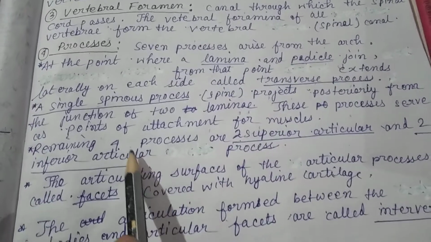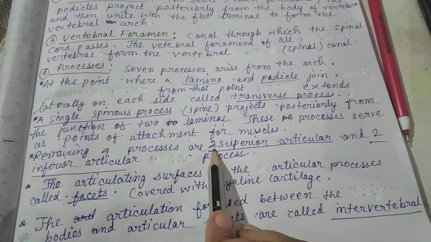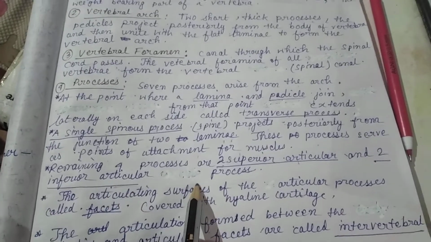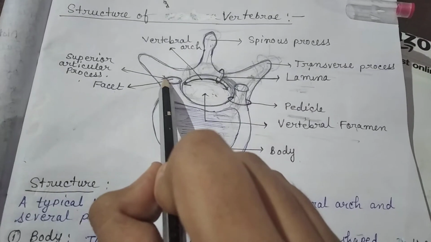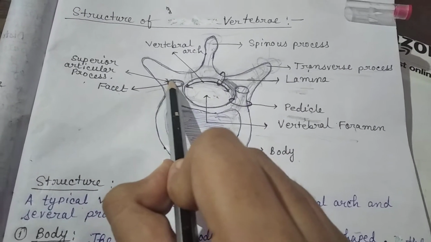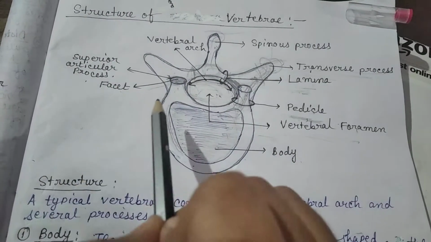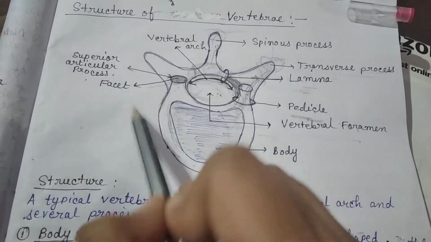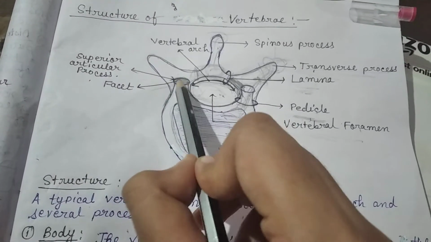After that, there are 4 more processes: 2 superior articular processes and 2 inferior articular processes. And here is the superior articular process. We cannot show the inferior articular process because it is situated in the posterior part, and because of that we are showing only the superior articular processes in this picture.